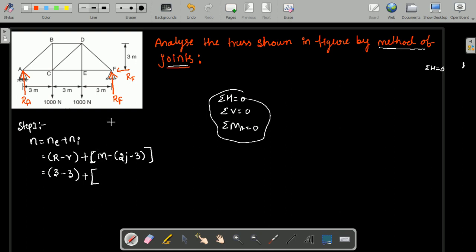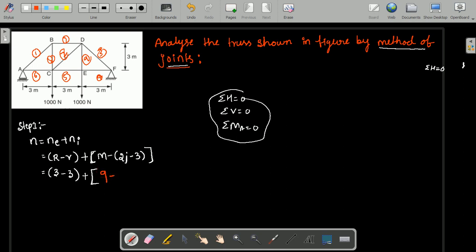M is the number of members and j is the number of joints. You need to count the number of members present in the given truss: 1, 2, 3, 4, 5, 6, 7, 8 and 9. So we have 9 members.